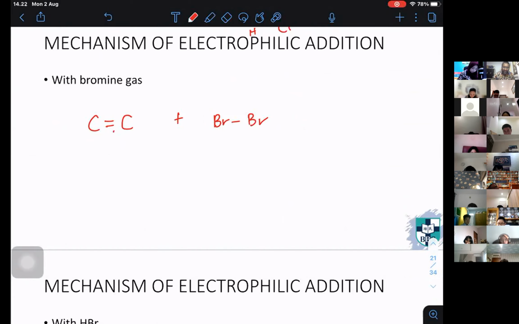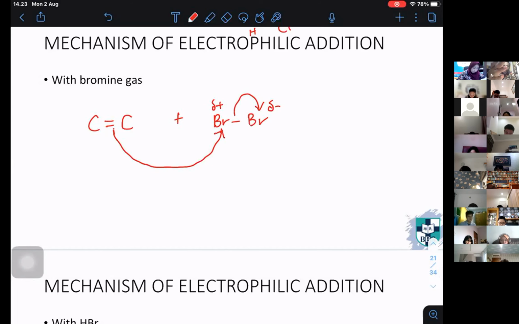This electron will push the electrons to the other side, making this partially negative and this partially positive. The curly arrow must show the movement of electrons: a lot of electrons here, movement of electrons over here. The arrow will be something like this.